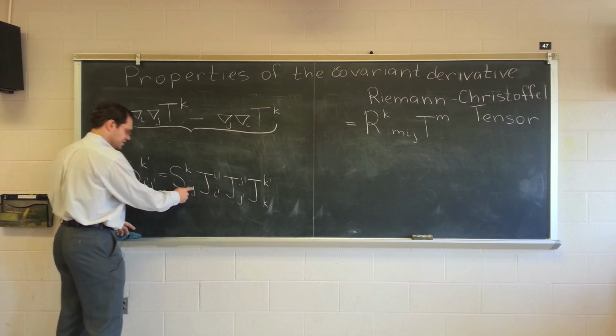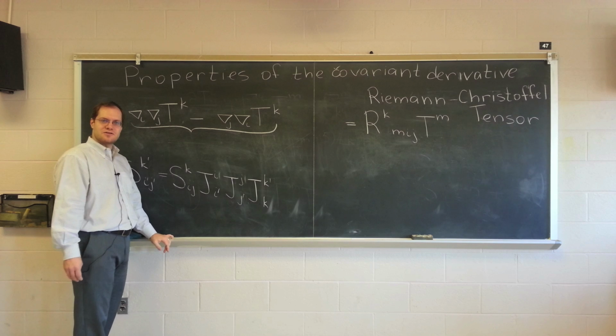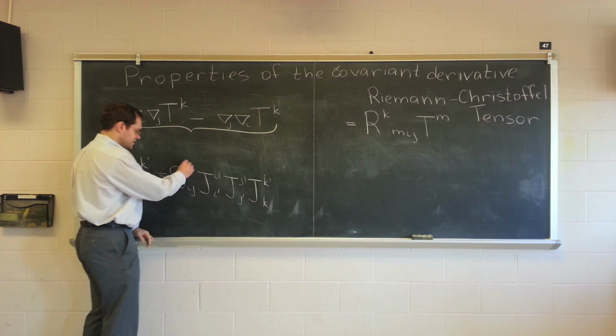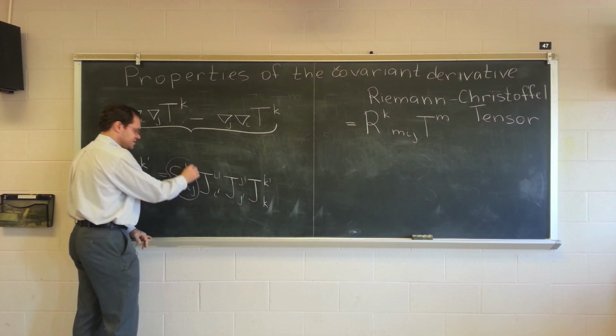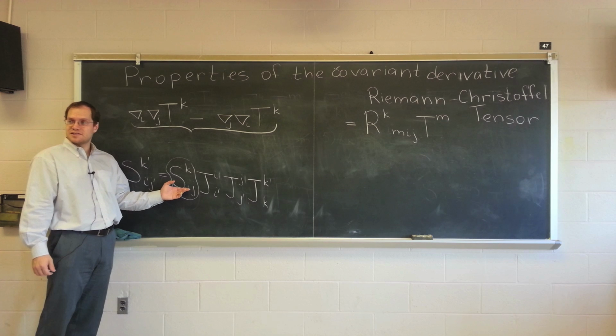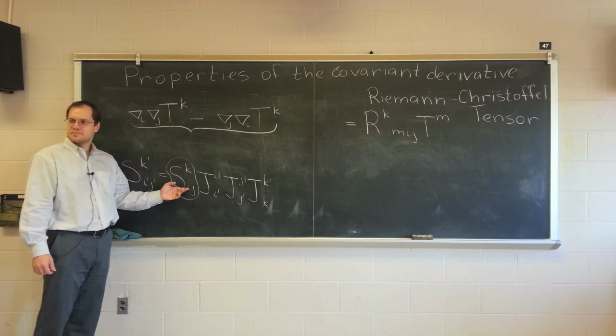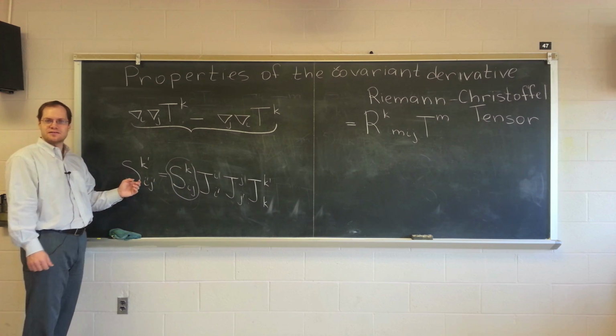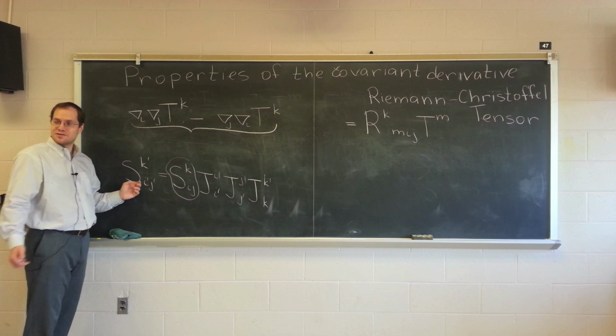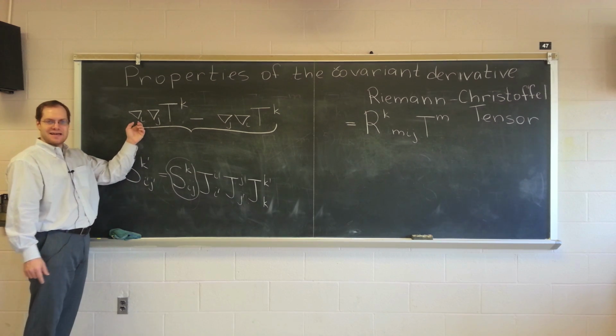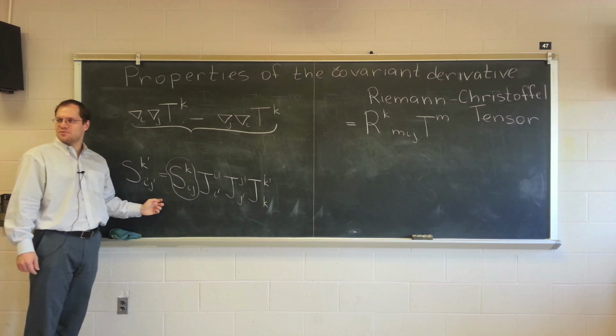So in Cartesian coordinates, this is 0. Now let's think of the unprimed coordinates as the Cartesian coordinates. So in Cartesian coordinates, this is 0. All zeros, 27 zeros. So then in any other coordinate system, what is it? 0. Isn't that beautiful? All because it's a tensor. If we didn't have the tensor property, this argument goes out the window.